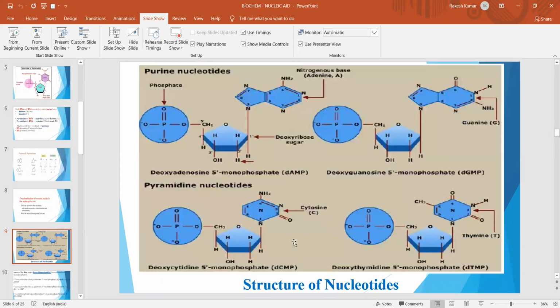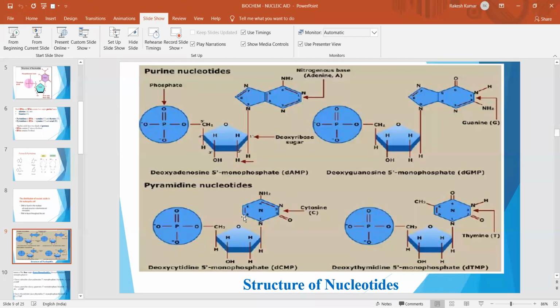Here you can see the basic structure of nucleotides, depending upon nitrogenous base, that is purine nucleotide as well as pyrimidine nucleotide. In case of purine nucleotides, there is an example of deoxyadenosine 5' monophosphate, which includes adenine, a nitrogenous base attached to 2-deoxyribose sugar, whereas the second purine nitrogenous base is guanine.